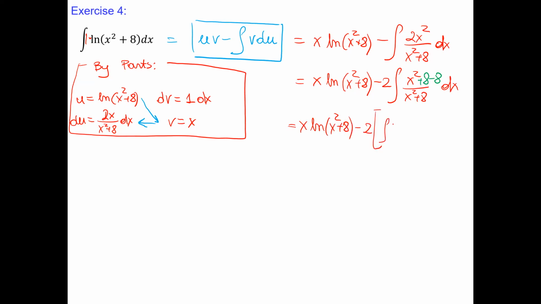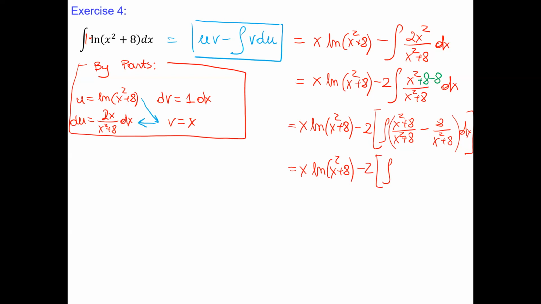And now we will have an integral of x squared plus 8 over x squared plus 8 minus 8, because I will keep one 8 in one fraction and the other 8 in the second fraction. Everything is dx. As we can see, it's still plus 8 minus 8. I didn't change anything. But how nice, I simplified.